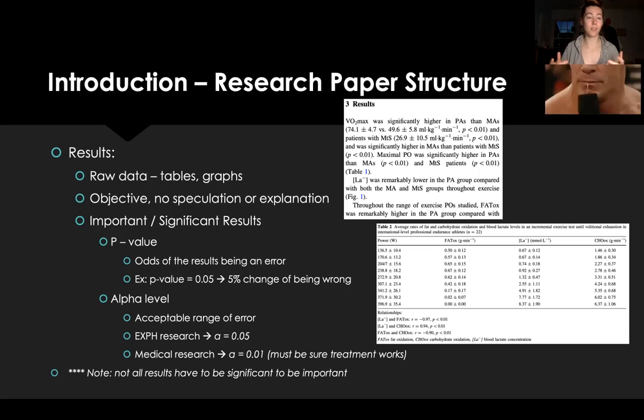Or it could be non-significant and mean that whatever that was is not really important, but not really a big... I don't know. I'm trying to form English words in my brain, but it's not happening. But they don't have to be significant to be important. And significant is within the p-values and alpha levels.